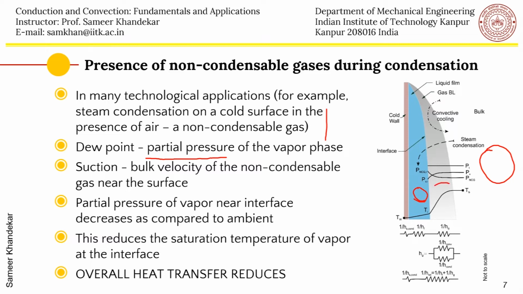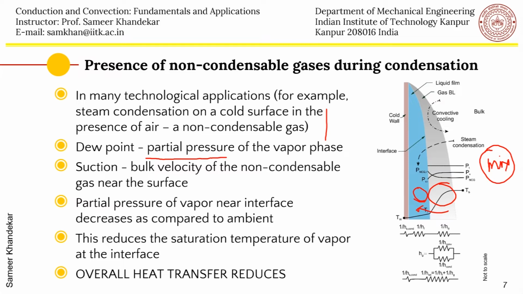It will be more of air and less of vapor because the vapor has condensed, so you will have a film with a higher concentration of air than the mixture far away. Close to the interface you will have an air-enriched region, which will create an extra resistance to the overall heat transfer.